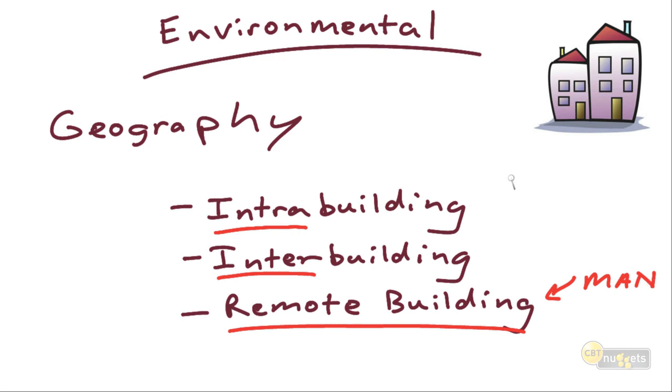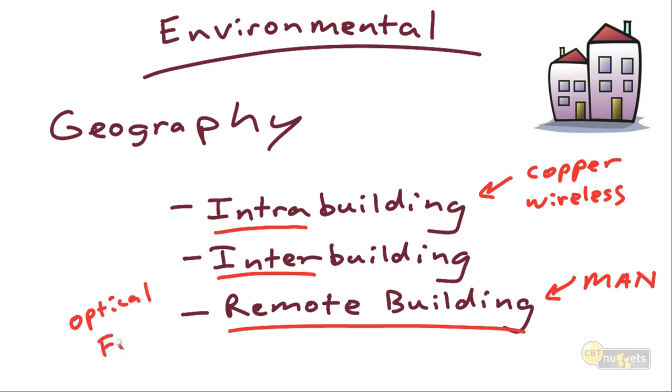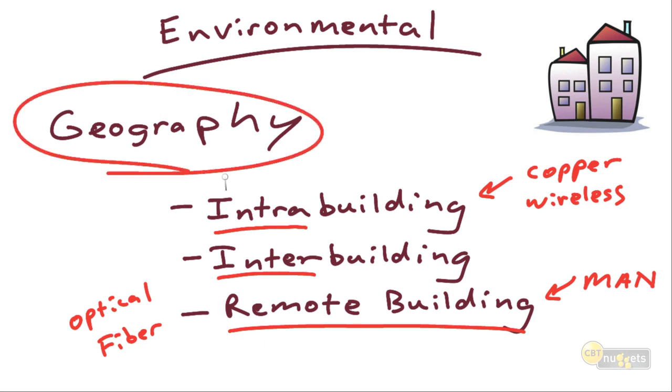A great example would be inside a building, we're obviously going to often have copper for the media connectivity or wireless for the media connectivity because that's going to work so well. When you start talking about interbuilding and remote buildings, we often are going to get involved with optical fiber connections in order to make the campus LAN infrastructure work properly. So, when it comes to environmental factors, probably the biggest one that we're going to combat is overall geography.